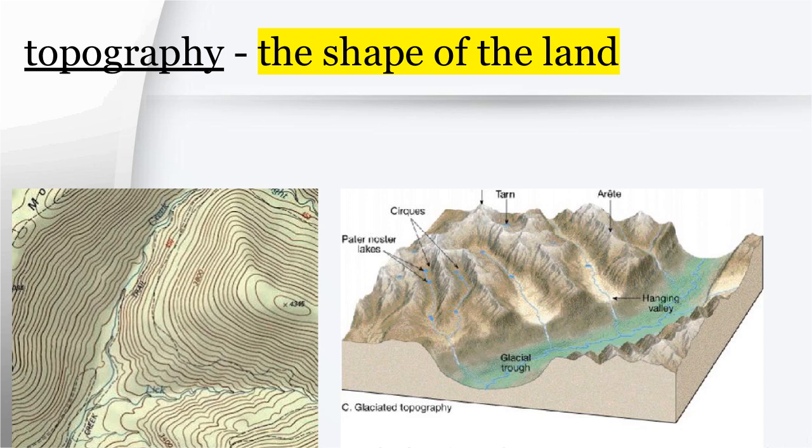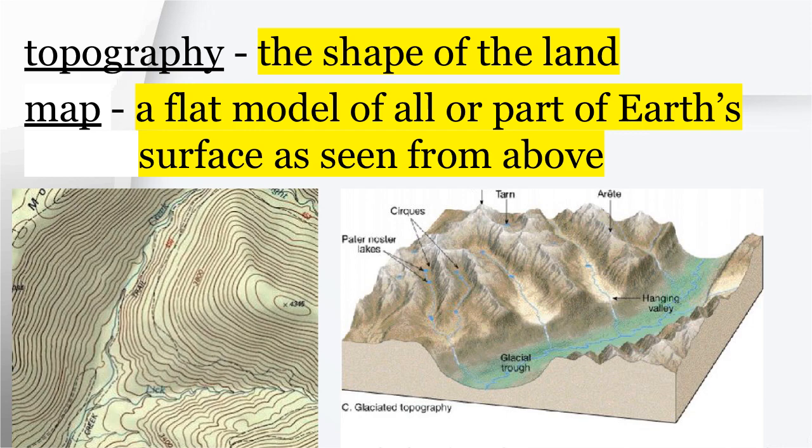In the picture here on the right-hand side, you can see there's a big valley where the river is running through it. And there are lots of hills on the left-hand side. So that would be the topography of this area, the shape of the land. And the topographic map shows that by using these contour lines. These brown squiggly lines are contour lines.